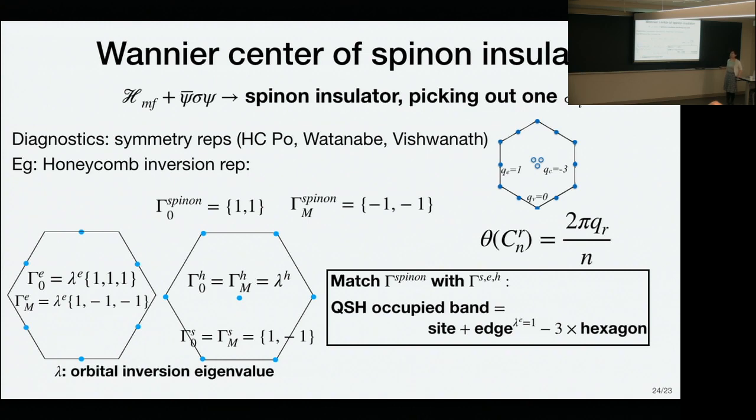One has to compare such representation with atomic insulators that preserve the rotation and translation symmetry on the honeycomb lattice. And there are three types of such atomic insulator, namely the spinons located either on site, or at the center of the edge, or at the center of the hexagon.